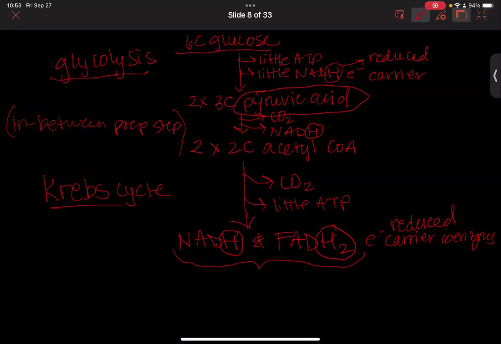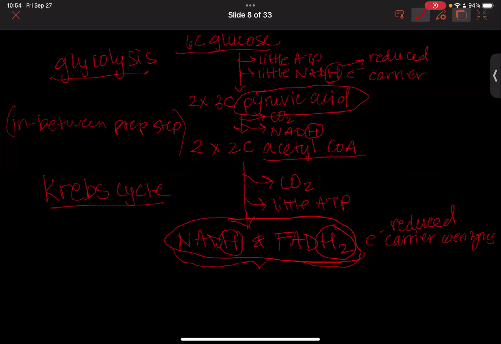For the Krebs cycle, we went from that pyruvic acid. Yes, we did go to acetyl-CoA in that intermediate step. If you want to call that the big daddy of the in-between step, that's fine. But the bigger idea here is that Krebs cycle is going to give us our big daddy goal of our electron carriers. Okay, so that's going to sum up what's really going on throughout the entire process leading up to the electron transport chain.